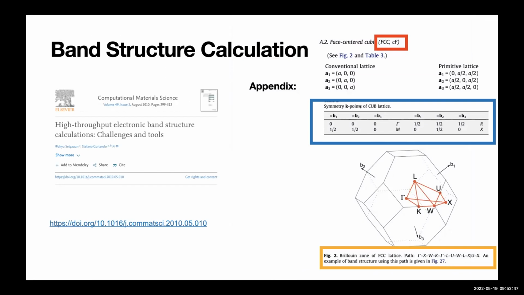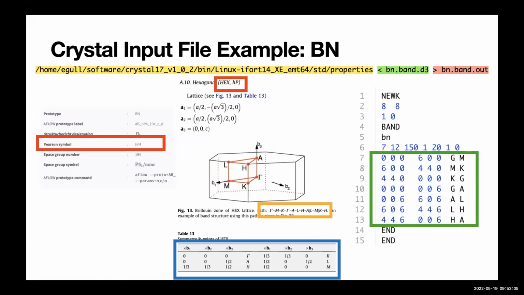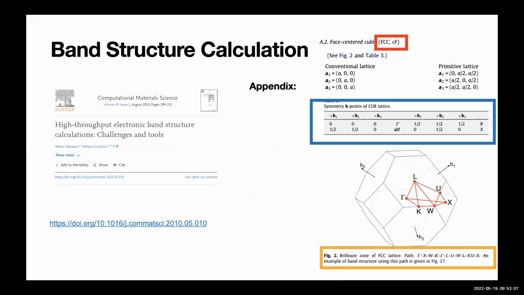In this table, it's providing you the coordinates for the high symmetry K points that are specific to the face-centered cubic. For another structure, for example a hexagonal structure, you might have an endpoint in the Brillouin zone whose coordinate is different.